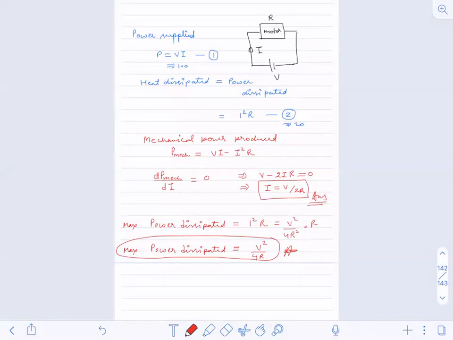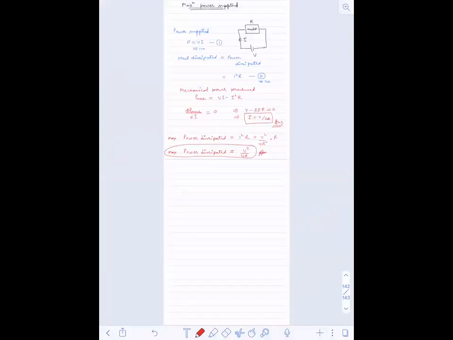So just note down the slides. Just take screenshots of the slides. I'm putting them on your screen.